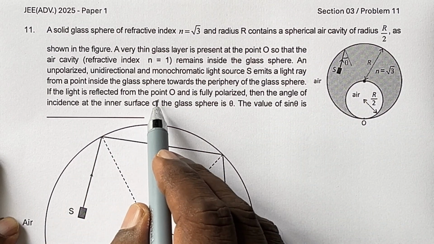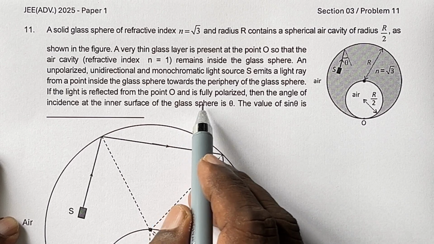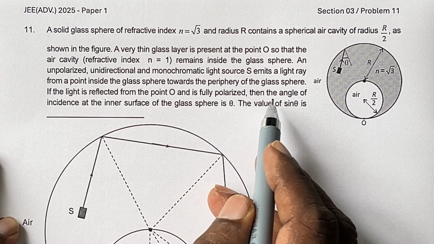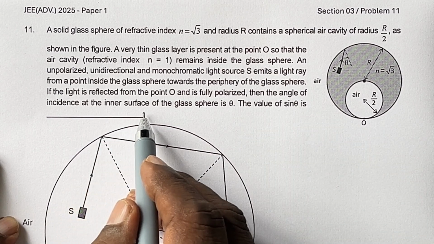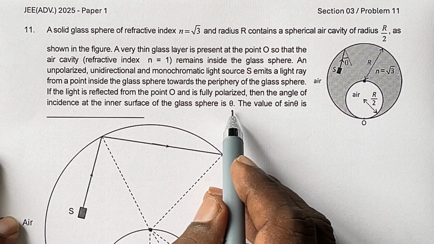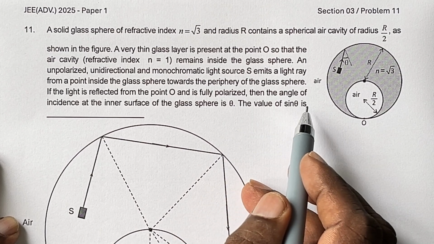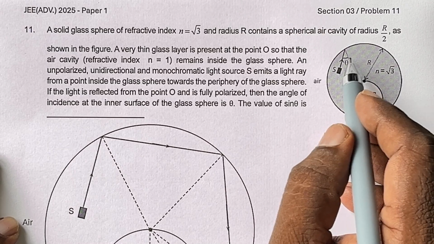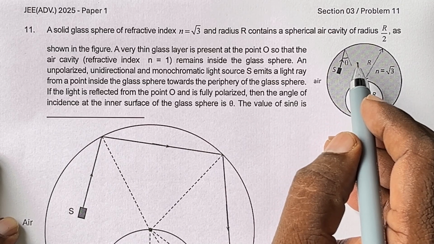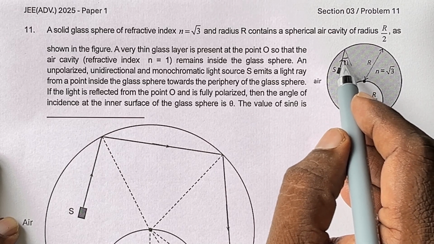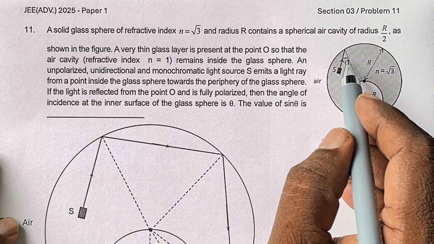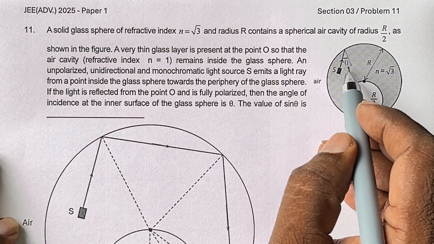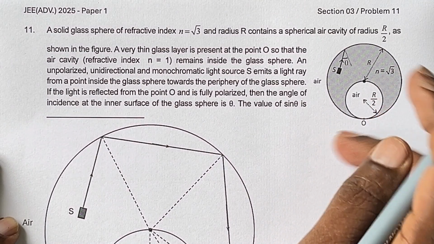If the light is reflected from O and fully polarized, then the angle of incidence at the inner surface of the glass sphere is theta, and the value of sin theta is asked. So whenever light reflects back from the periphery of the glass sphere, this angle of incidence theta, we have to calculate its sine.